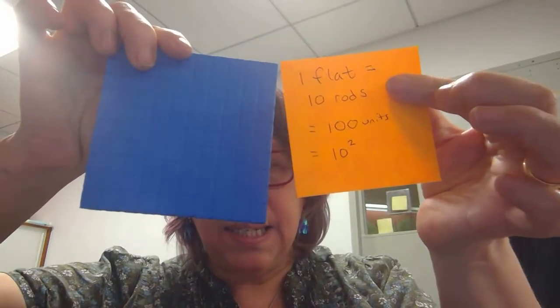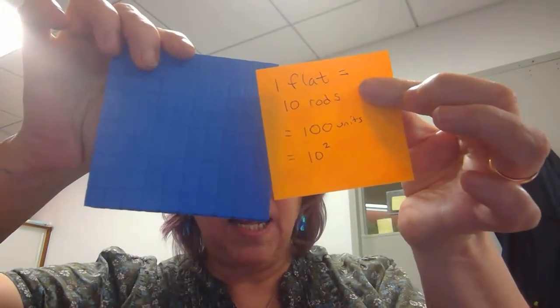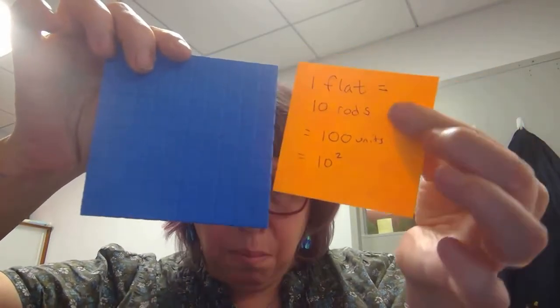Think about how we say 10 to the second power. We say 10 squared. Makes sense because what we have is a square here. Think about how we say 10 to the third power. We have 10 cubed. We have a cube. So that's actually where the words squared and cubed come from for second and third power.